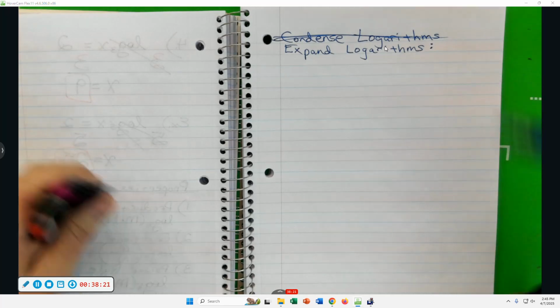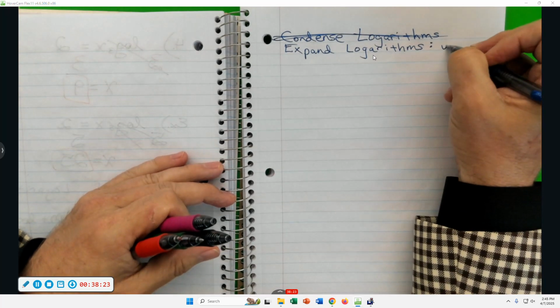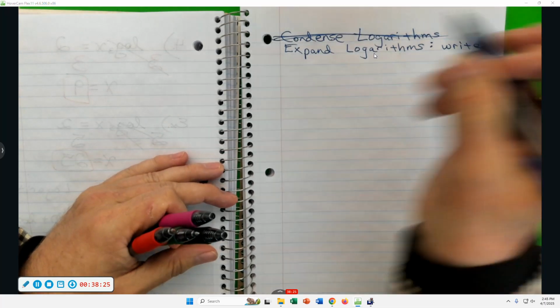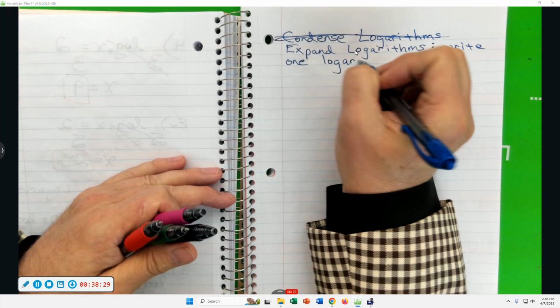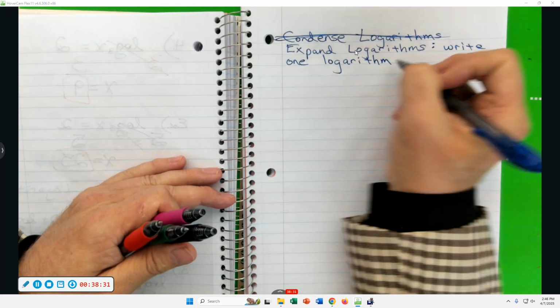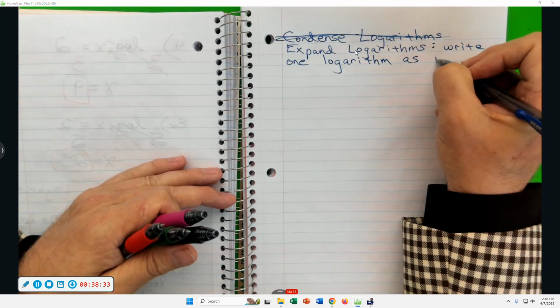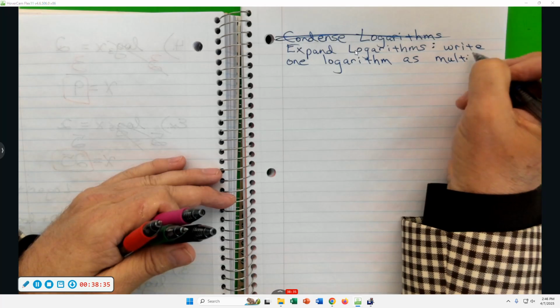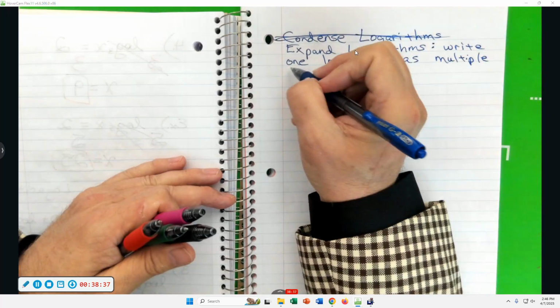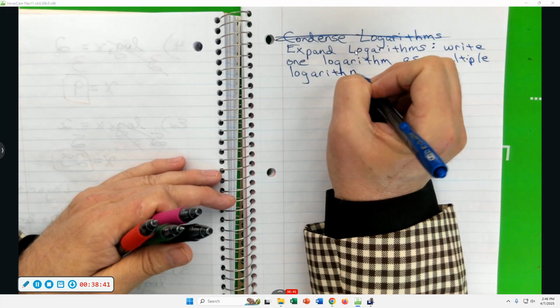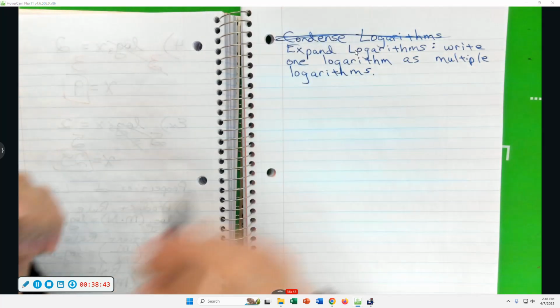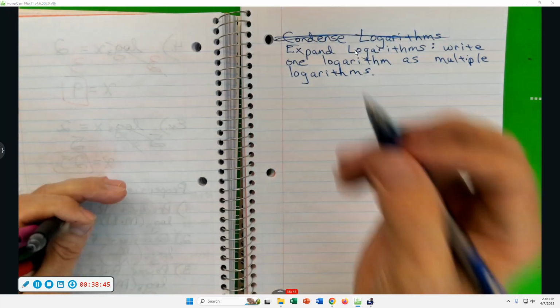But expand logarithms means to write one logarithm, usually a really messy one, like the one I showed you on number 5, as multiple logarithms. And the procedure will follow.